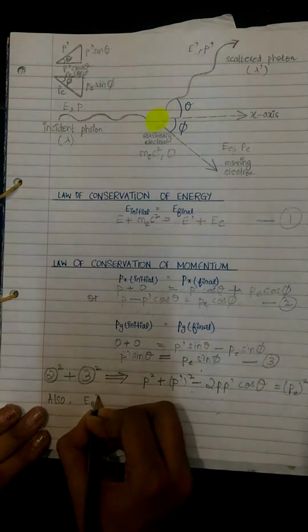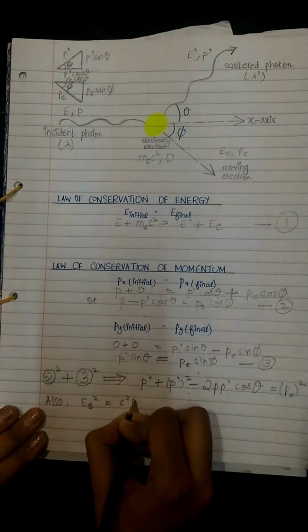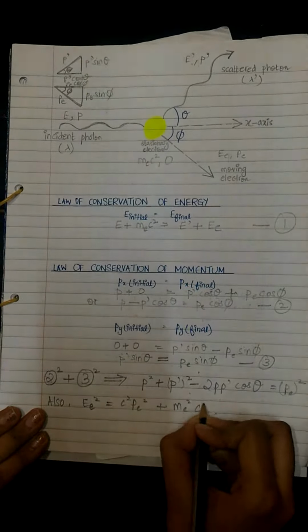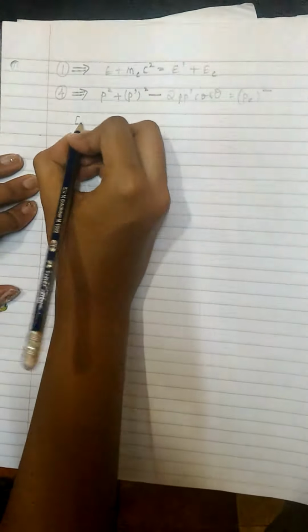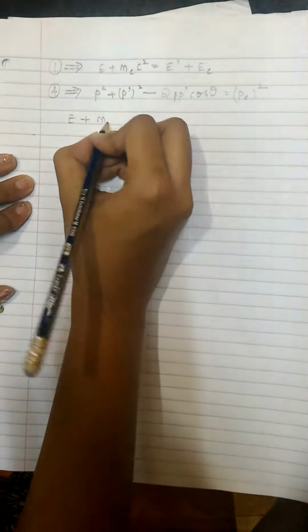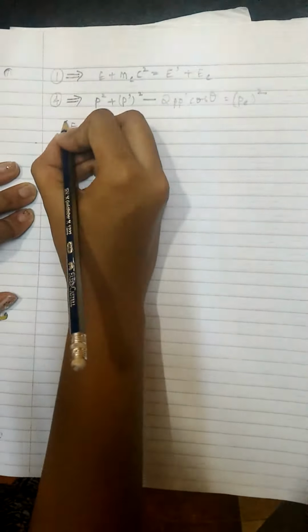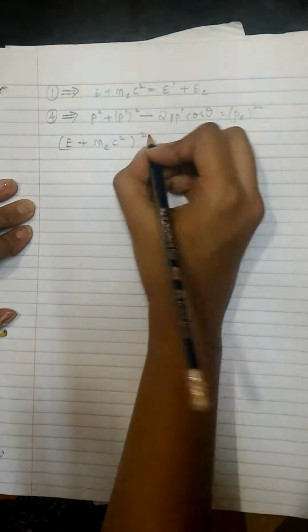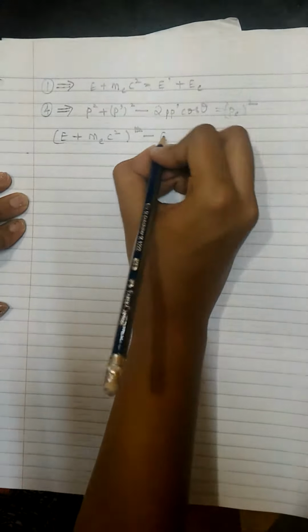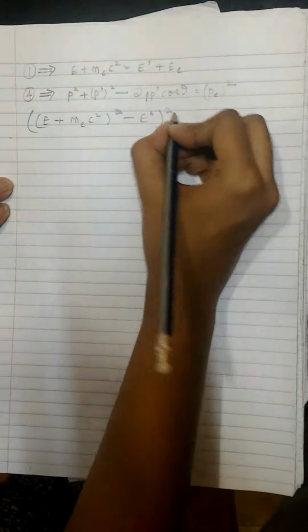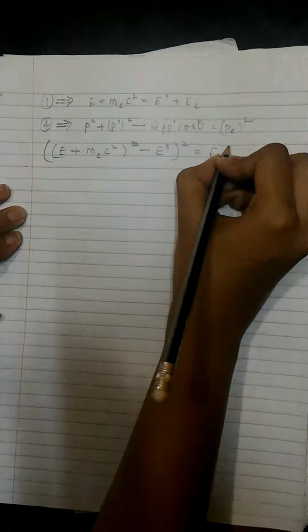So EE square is equal to c square PE square plus ME square c power 4. So from equations 1 and 4 we get P plus ME c square the whole square minus E dash the whole square equal to EE square.